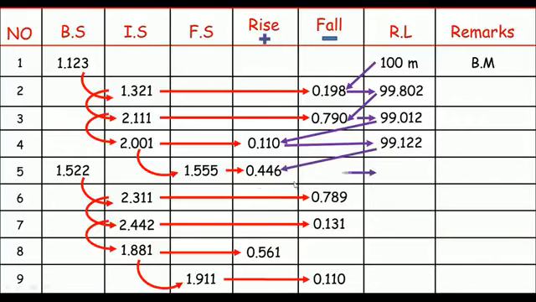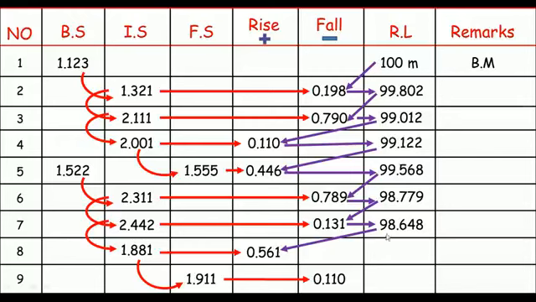Like 99.122 plus 0.446 is of course 99.568, and 99.568 minus 0.789 is of course 98.779. Also, this RL minus 0.131 is of course 98.648.